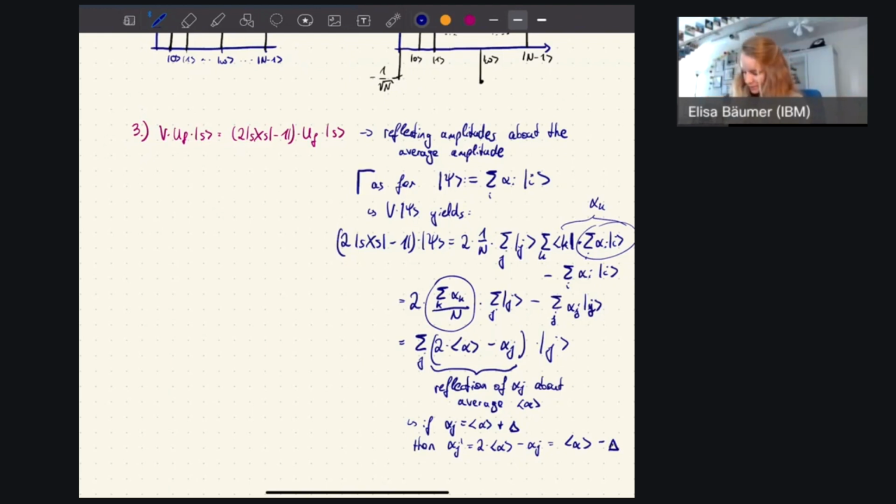So before I had some amplitude alpha j, which is average alpha plus delta. If I apply v, I'm getting average alpha minus delta. So I've exactly reflected alpha j about the average alpha.